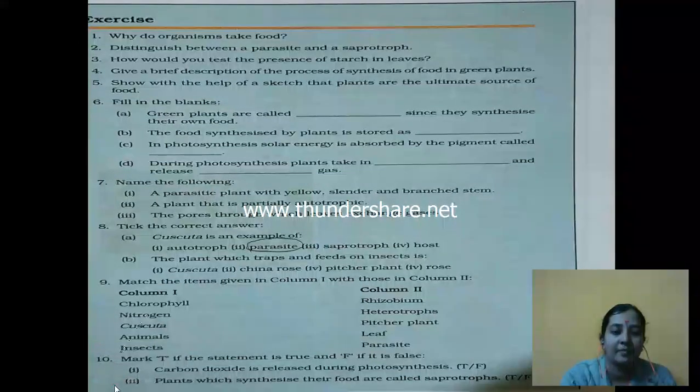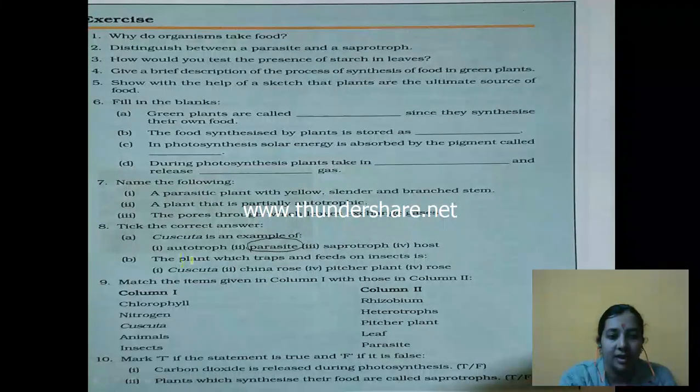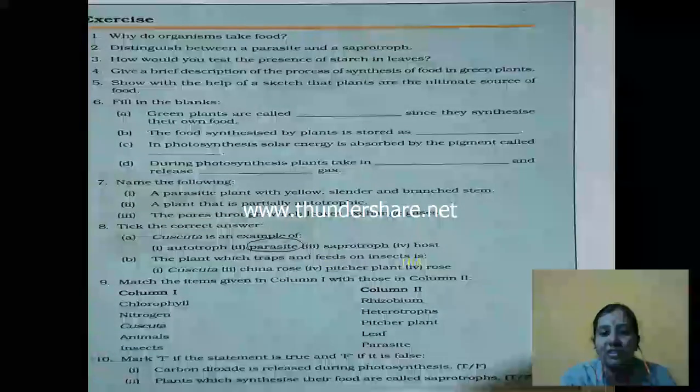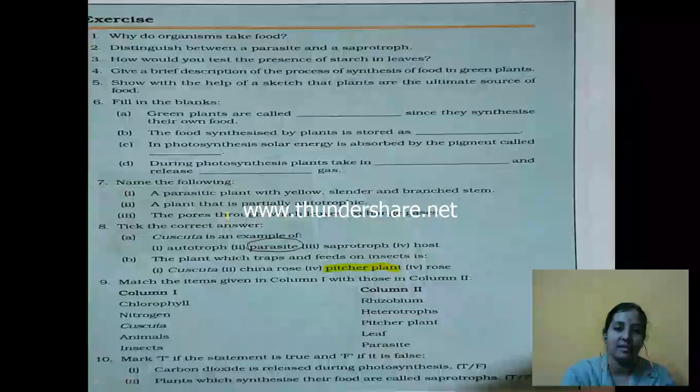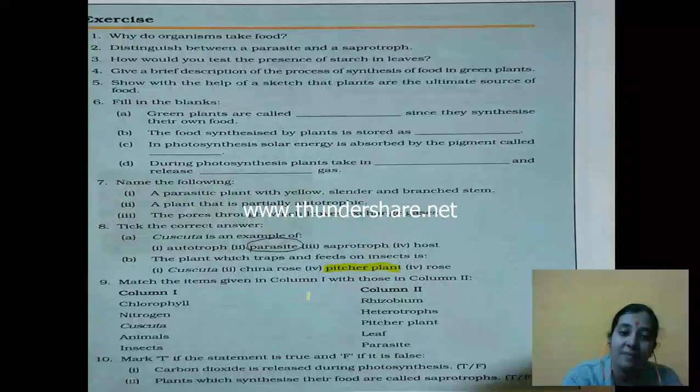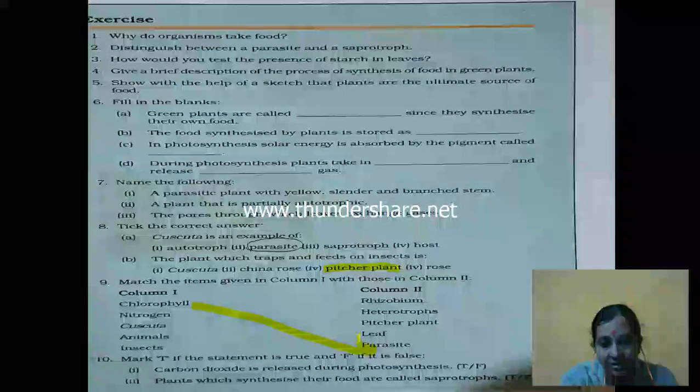Then, next, the plant which traps and feeds on insects is, which is it? Your pitcher plant. That means the plant which traps and feeds on insects is pitcher plant. Now, chlorophyll, what is it? Where do we find it? In case of leaf.